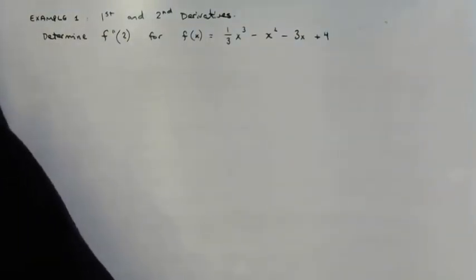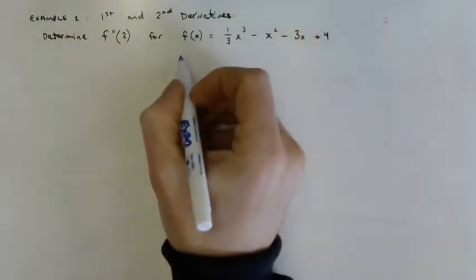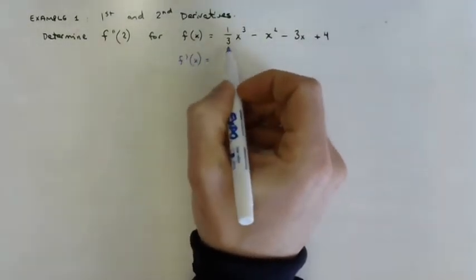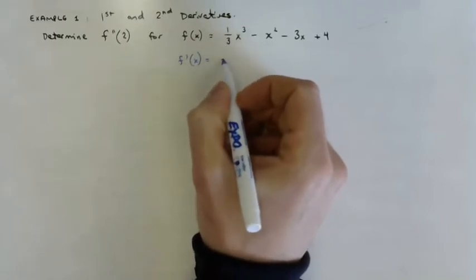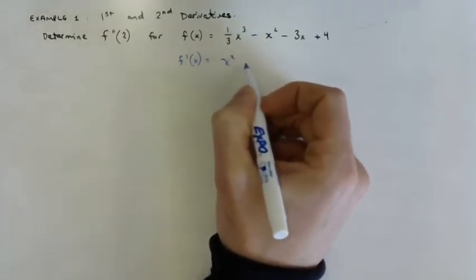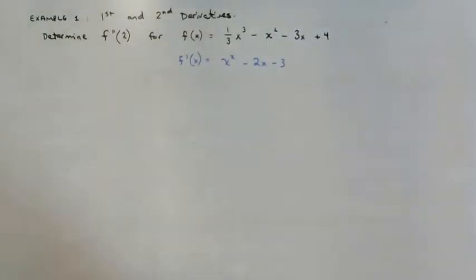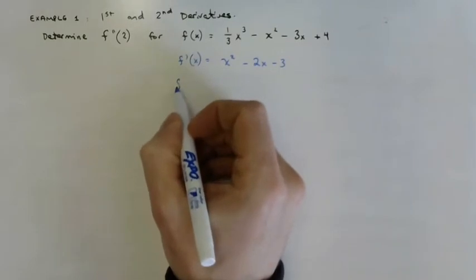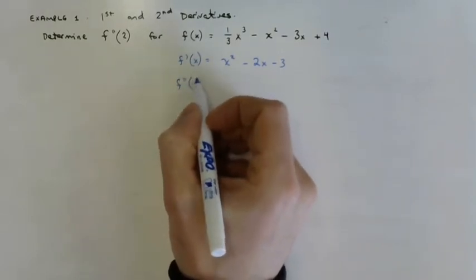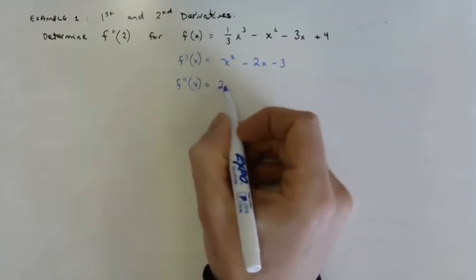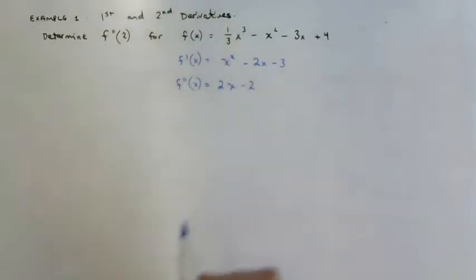So here we go. Finding the first derivative, f prime of x. 3 times 1/3 is 1, so I have x squared minus 2x minus 3. We're good with that? It's not too fast. Second derivative. That's just taking the derivative of the first derivative. 2x minus 2.